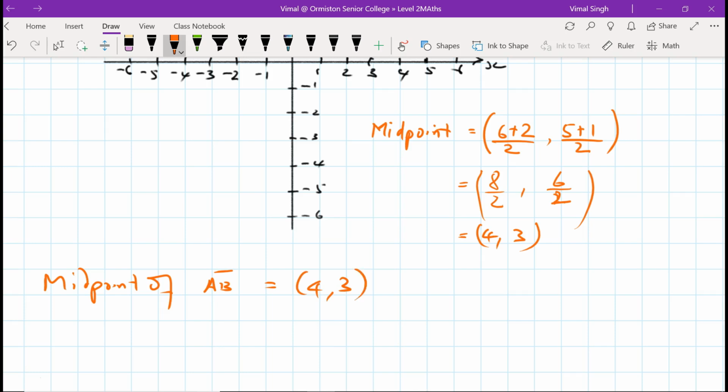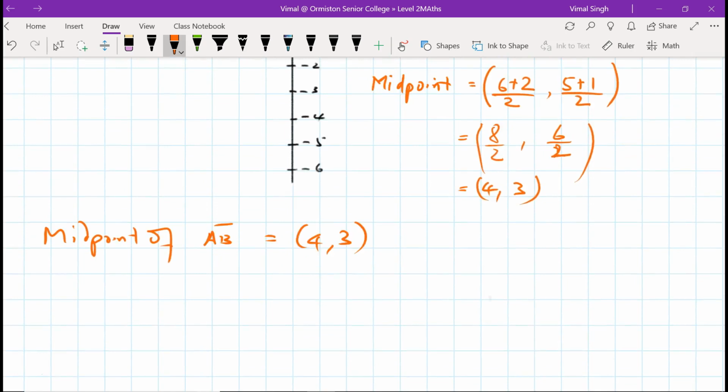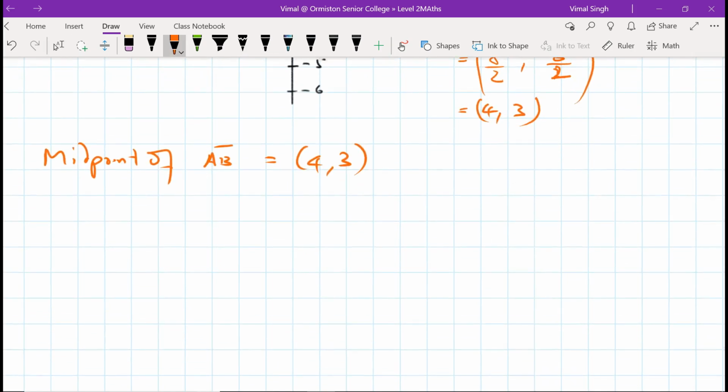Now, we can actually write this in a more general way.